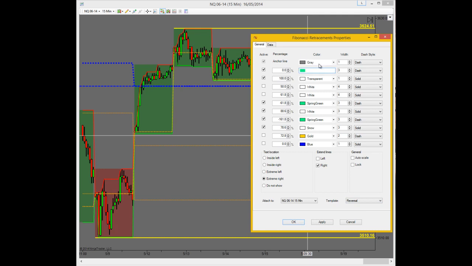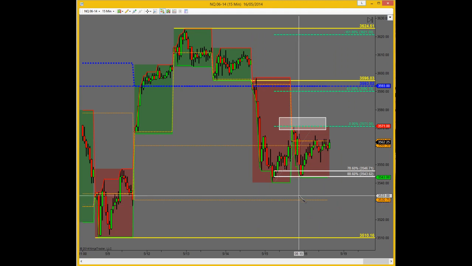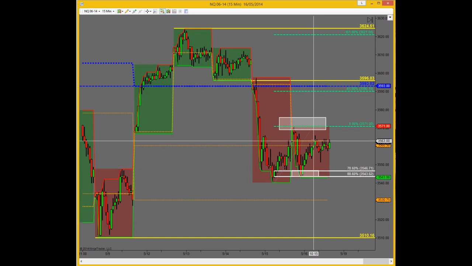You can see here the settings that I use, and then I hit OK, and that's the way I found the reversal. I actually took this trade from I guess 35.49 all the way up to 35.63.